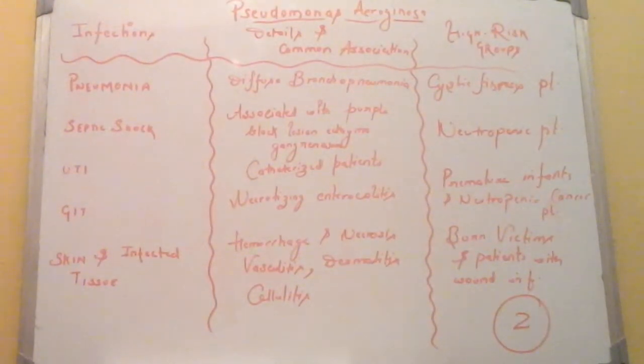Then there will be skin and soft tissue infection, skeletal infection, eye infection, bacteremia, fever, tachycardia, hypotension, shock, jaundice. These are some signs and symptoms of patients suffering from Pseudomonas aeruginosa. Then let's talk about the diagnosis.